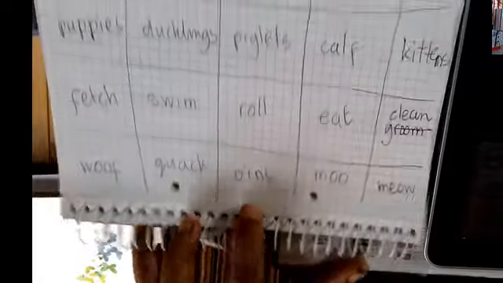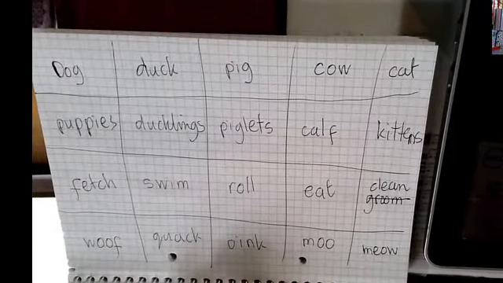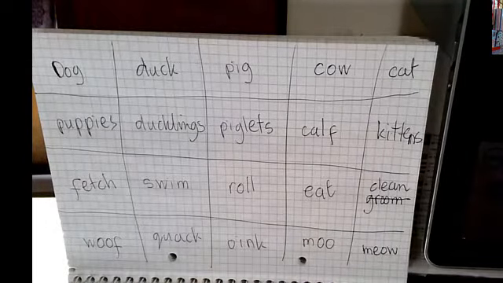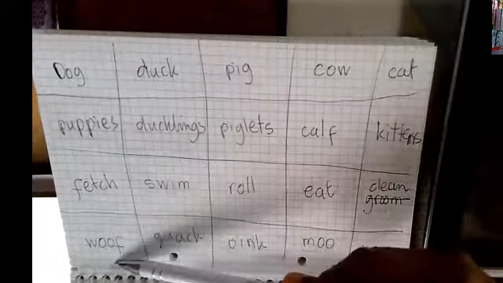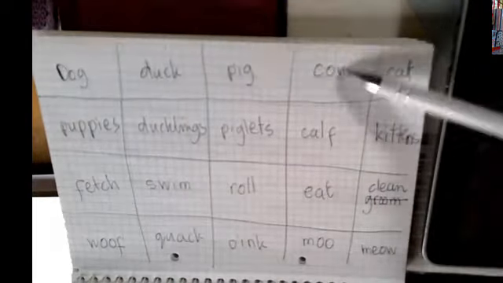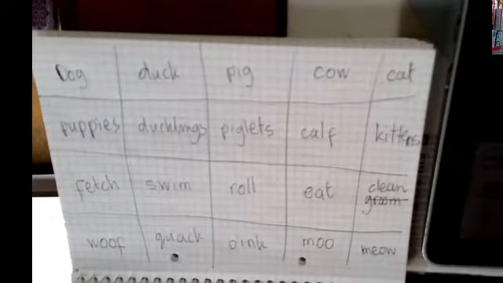So I'm going to share my screen again and show you my document reader. This is my document reader, and you can see that I have planned out a grid. This is how I do my planning, and I've done it in this fashion, just as the book has done it.